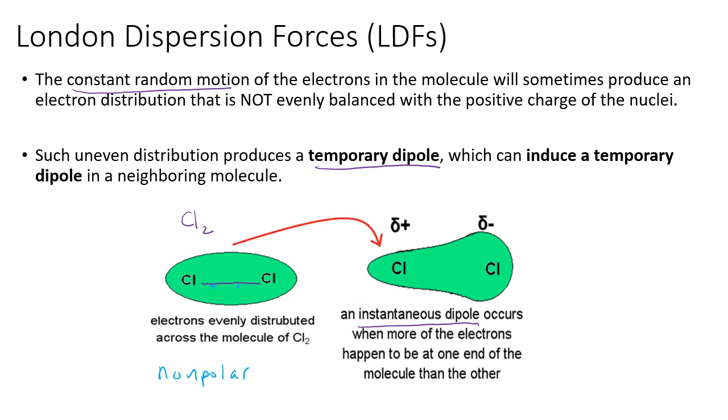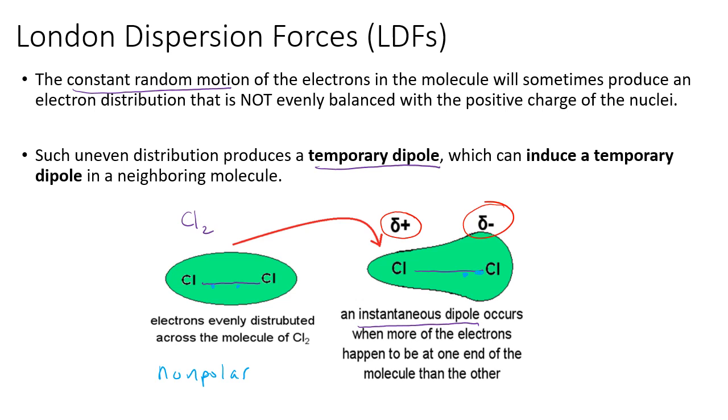But at any moment in time, those electrons can move and shift. And let's say that they shift closer towards the chlorine atom on the right-hand side. Well, now if they do that, that chlorine on the right will develop a partial negative charge. The one on the left that's left without a little bit of that electron density develops a partial positive charge.